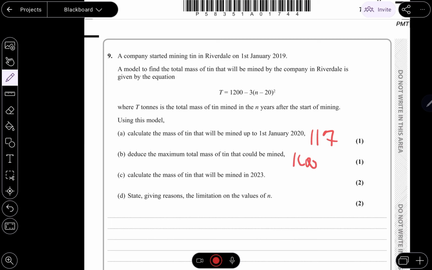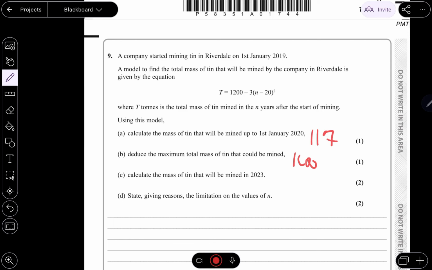Calculate the mass of tin that we mined in 2023. So does that mean we need to put in n is 4 and take away when n is 2? Again, in a phone, this is going to be a little bit annoying.